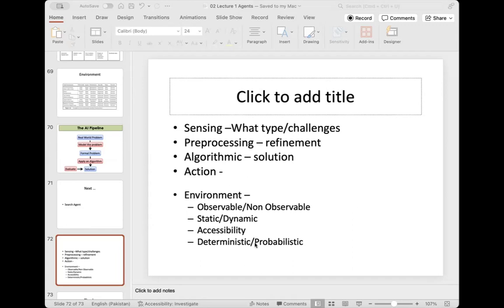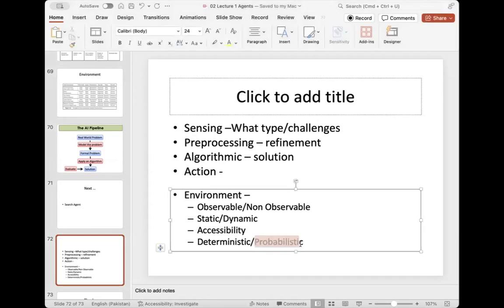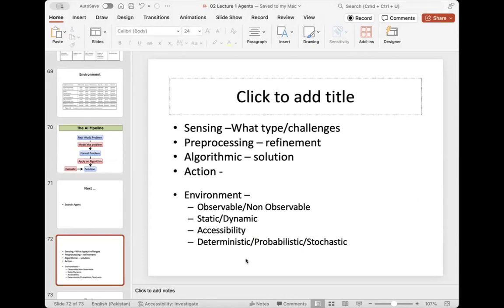So that means you have some sort of doubt in your mind. And that's what probabilistic or stochastic would mean. Stochastic or probabilistic. And then you have deterministic, where you are absolutely sure.